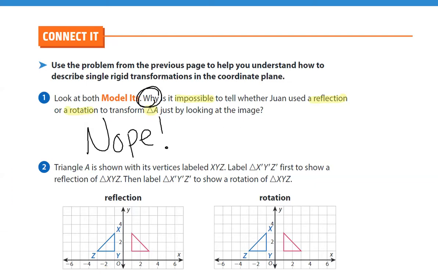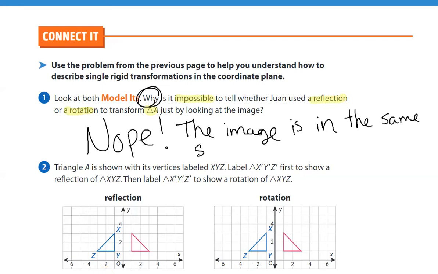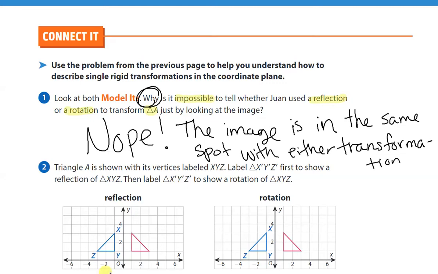Why is it impossible? The image is in the same spot with either transformation.